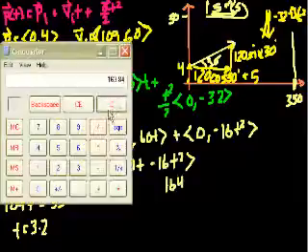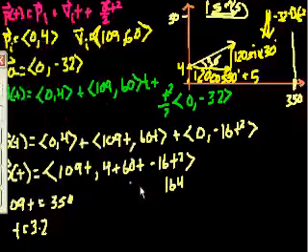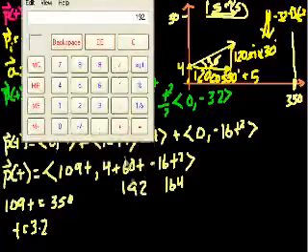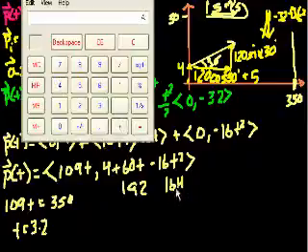And then what's 60 times 3.2? 60 times 3.2 is equal to 192. So what do we get? We have 192 plus 4 minus 164 is equal to 32.